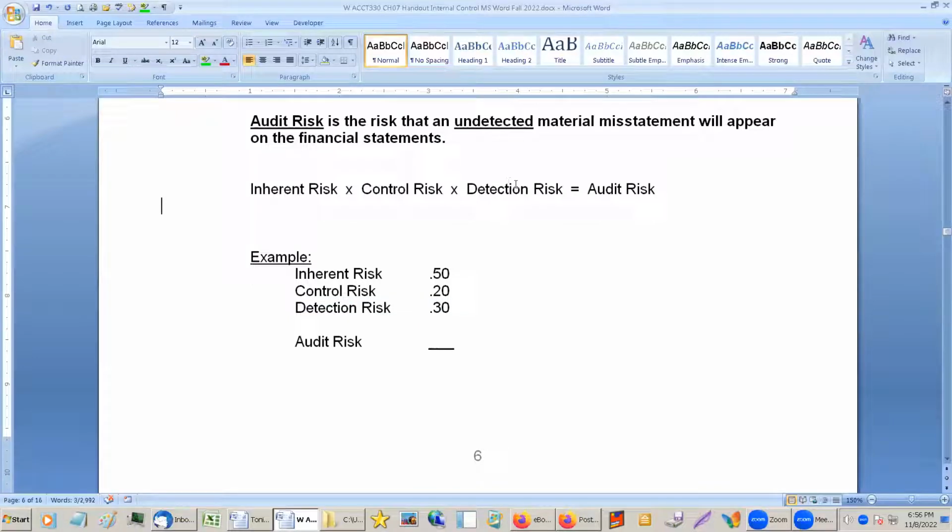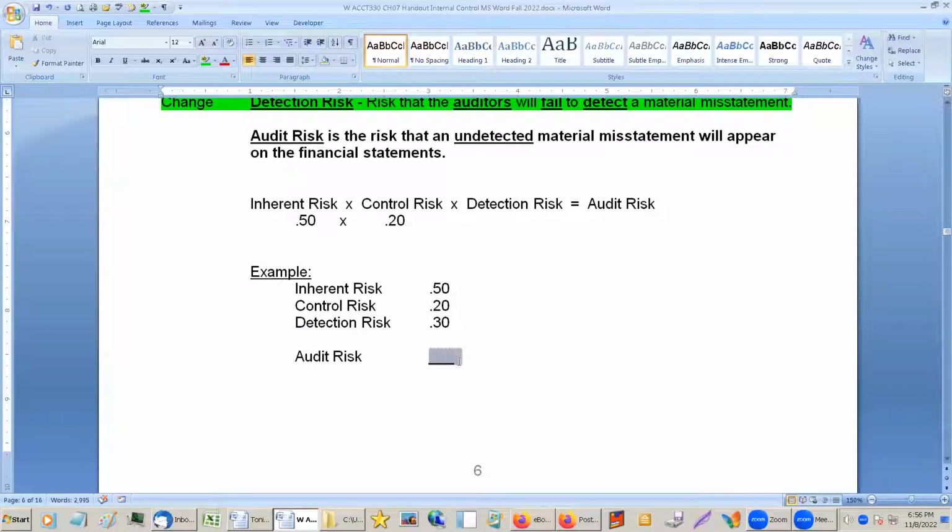So we can figure out what the audit risk is. 0.03. So about 3%.